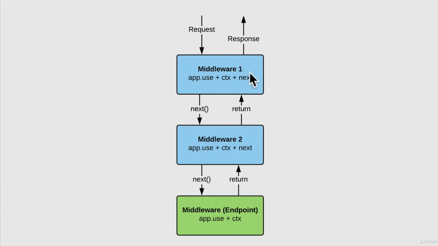So we can see here that the next function is what is responsible for the order of execution of our middleware and making sure that we go all the way down. And then as our middleware finish executing, we go back up until all of our middleware have returned.